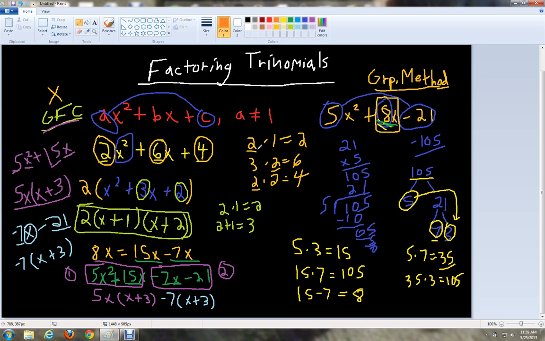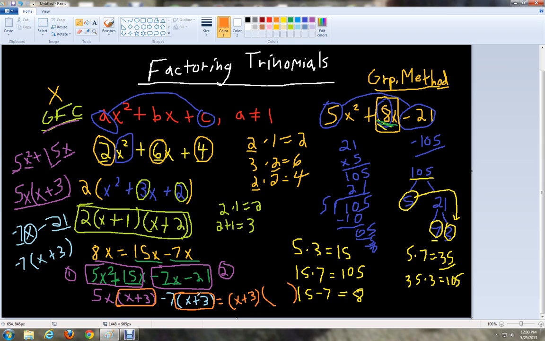Now for the last part, we get to the factor by grouping. We grouped each factor, and we notice that both groups have a common factor of x plus 3. So we'll factor this outside, x plus 3. And how do we get our other factor?